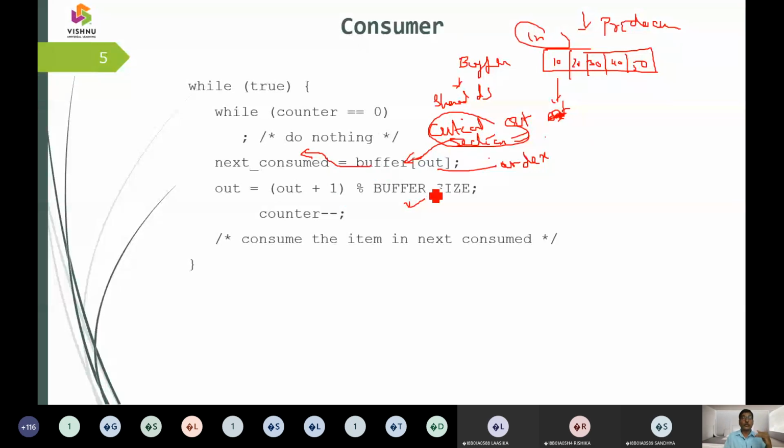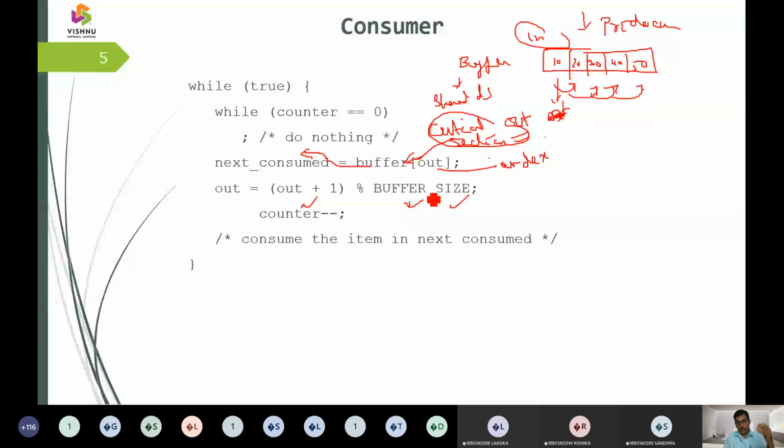How many times are we going to repeat this iteration? We are going to repeat this iteration until the buffer is full. How do we know? Out is going to be out plus 1, so we say out is equal to out plus 1, until it reaches the maximum size.